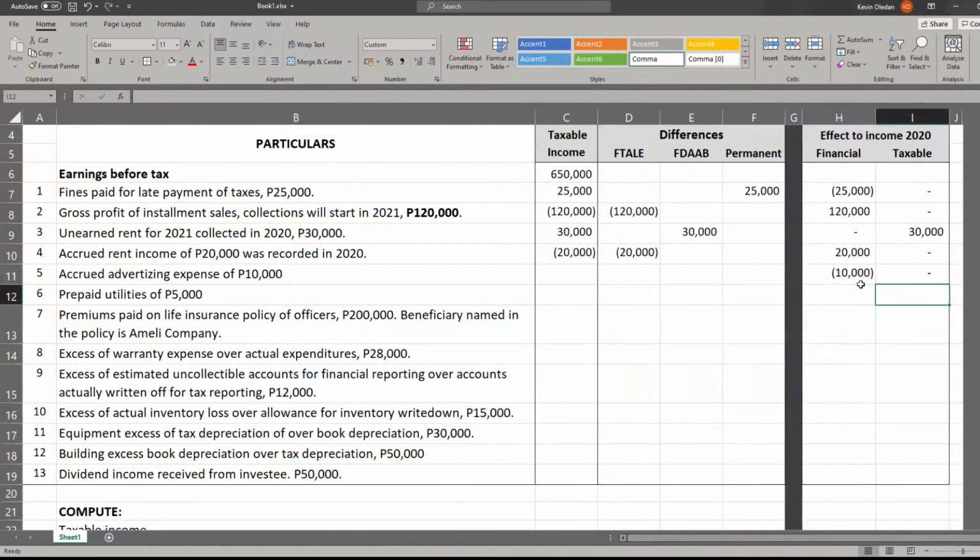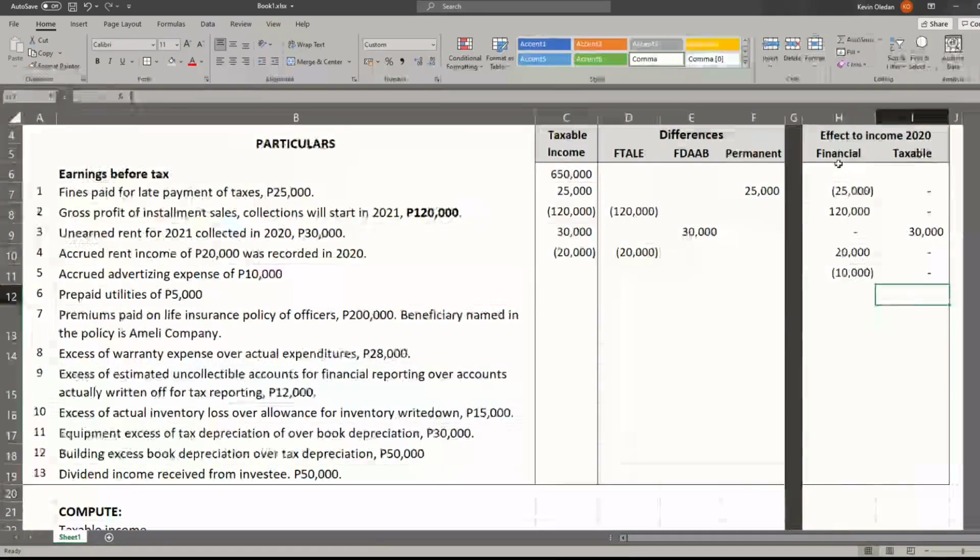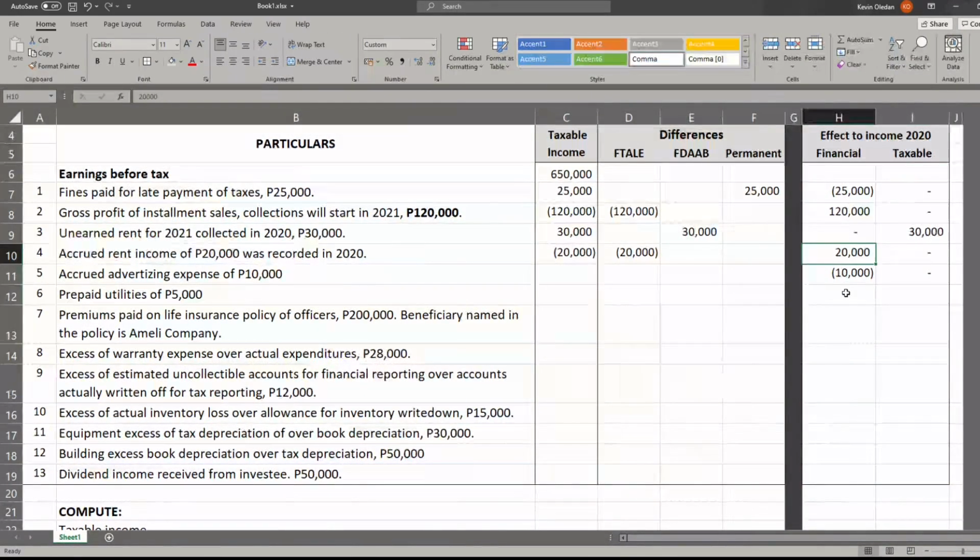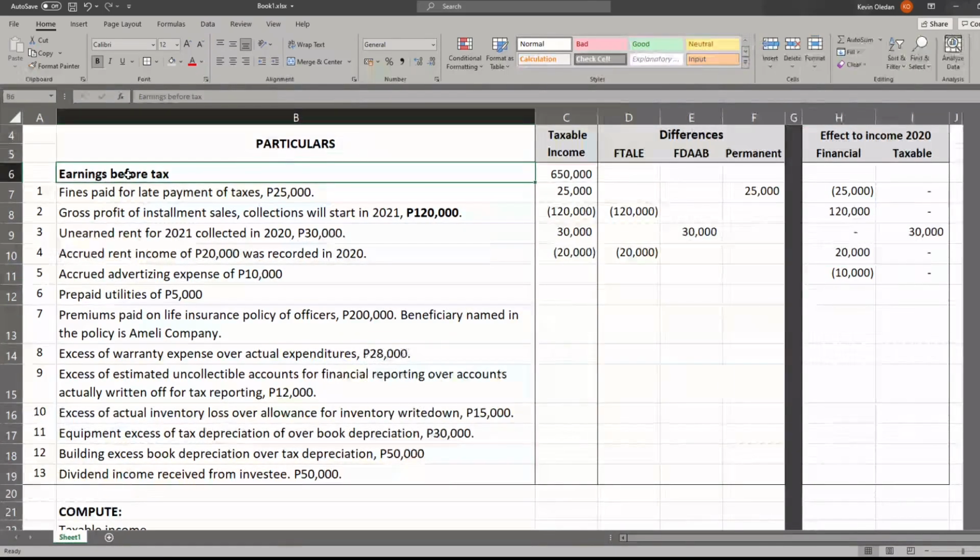Accruals are temporary differences because the payment and the recognition of the expense or income is simply a matter of timing difference lang between financial and taxable. Sa accrual, nauuna ang recognition ni earnings before tax. Nahuhuli yung payment. Okay?